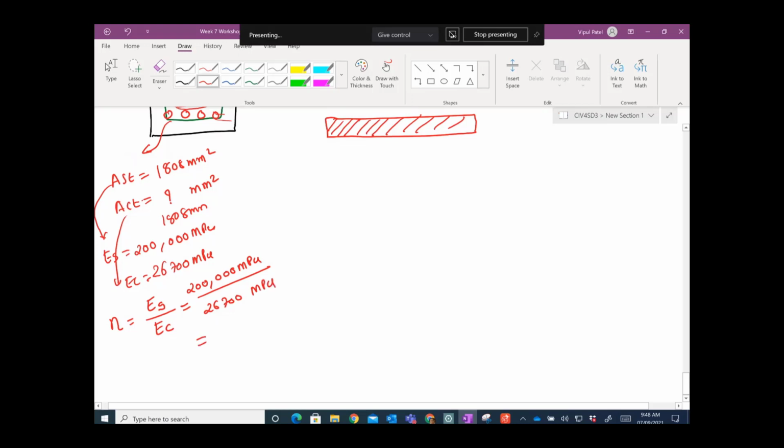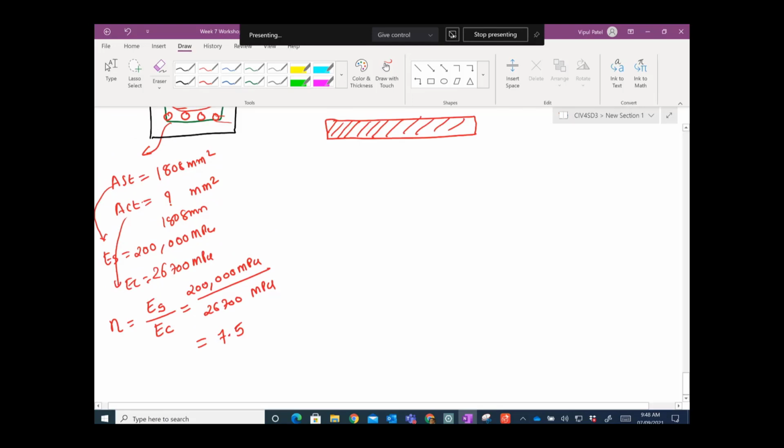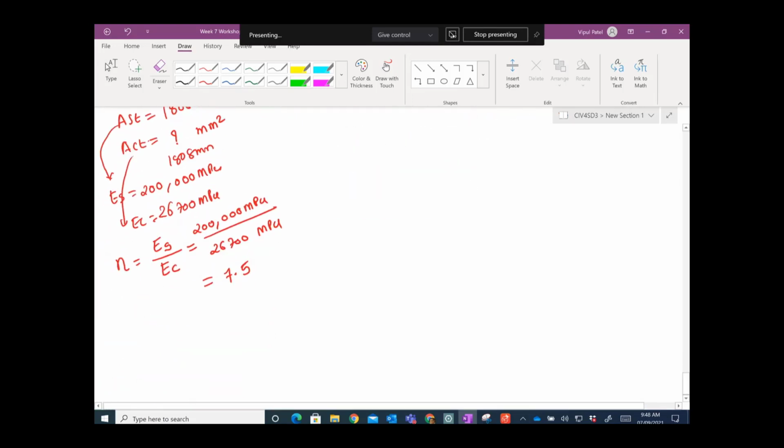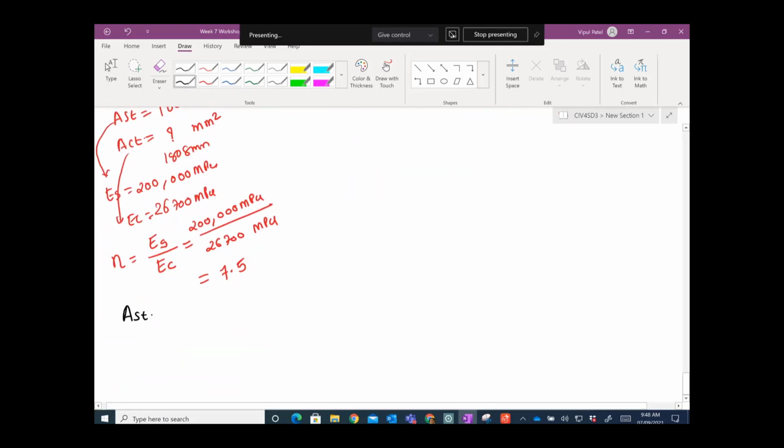So the modular ratio that you're going to get here is 7.5. There is no unit for that. So now it's okay to do the calculations. Calculations mean your AST equal to 1808 millimeter square. So if you want to calculate the equivalent concrete in tension of this force, you can just multiply this n with the 1808 millimeter square.